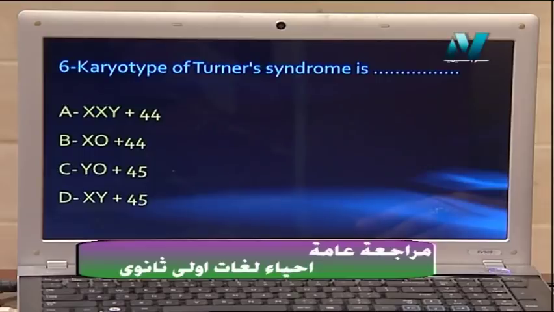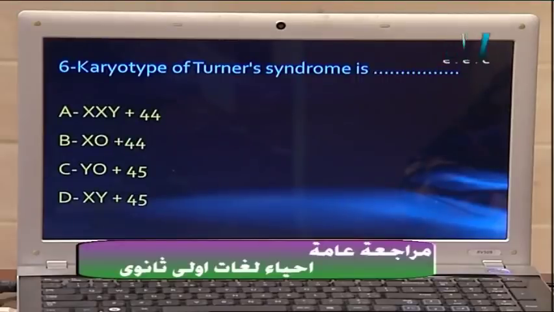Question number 6. Karyotype of Turner syndrome is. Turner syndrome here is an abnormal case, as we studied before. Abnormal case, female, produced from an abnormal ovum containing 22 plus 0, and another one containing 22 plus X. The mistake here is found in the sex chromosome, not XX, just 1 X. This female is abnormal.